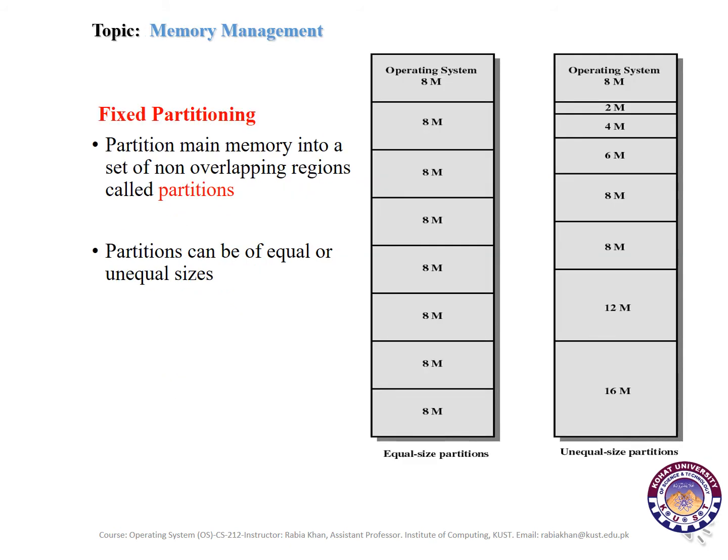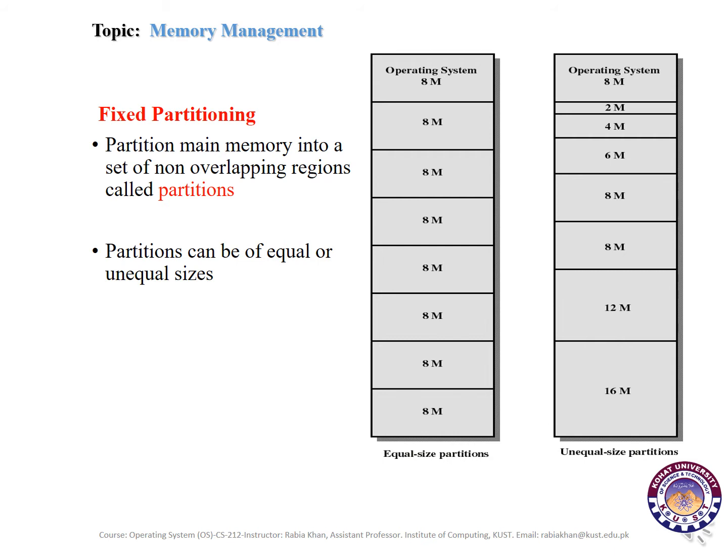What is fixed partitioning? If the RAM has been divided into a collection of non-overlapping regions, like the one shown in the image, such partitioning is known as fixed partitioning, as once they are created, they get fixed and cannot be changed.